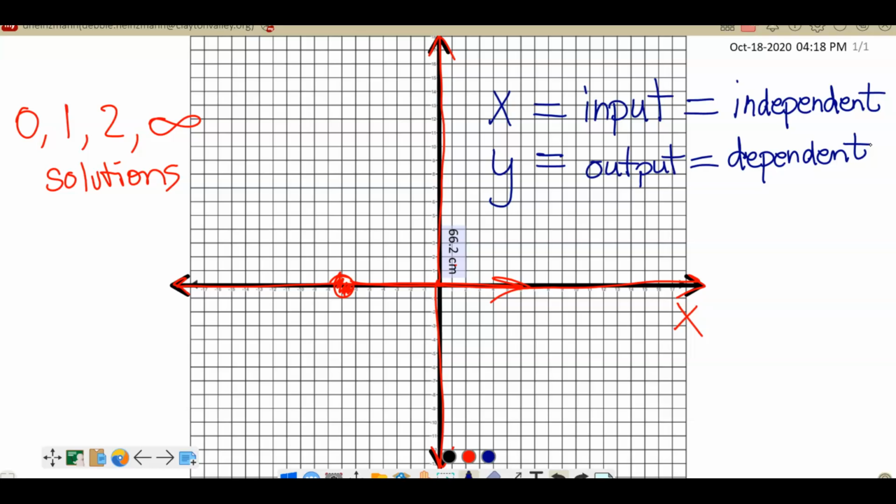So the way that we plotted points on the x-axis is we found our point, we drew the correct circle, and then we drew a line. Well, in the coordinate plane, you plot points. You plot two separate points.